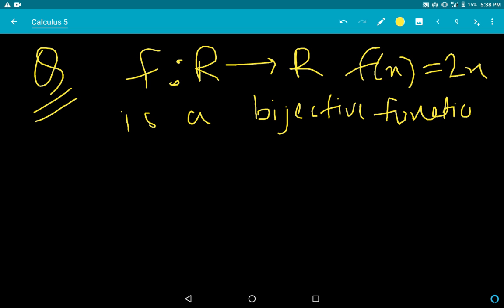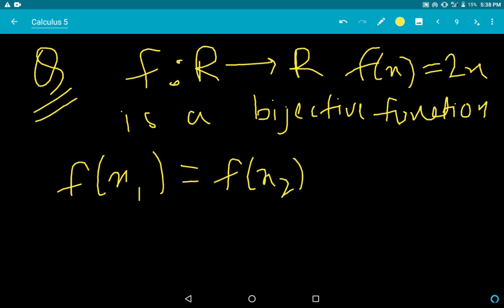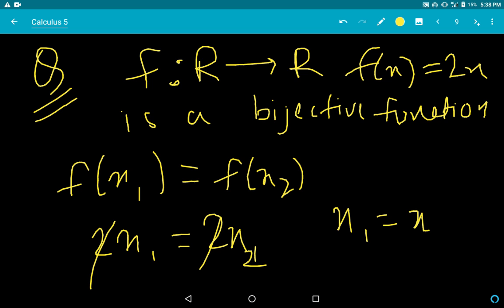So how would you show f is one to one? I told you, if f of x1 equals f of x2, that means 2 times x1 equals 2 times x2, then x1 equals x2. So this is one to one. I'm writing here one to one.